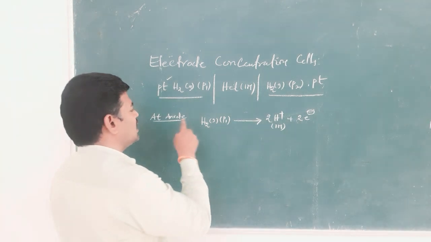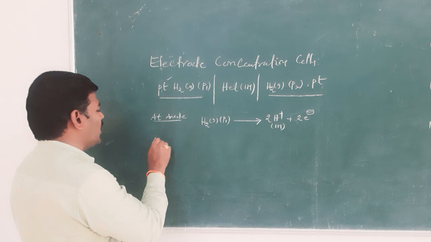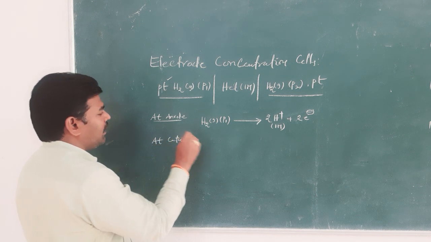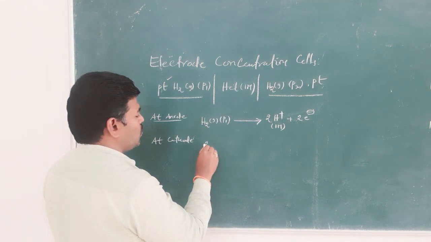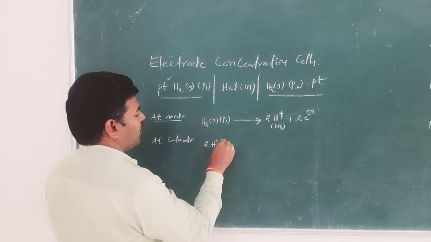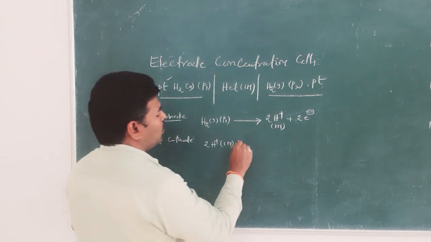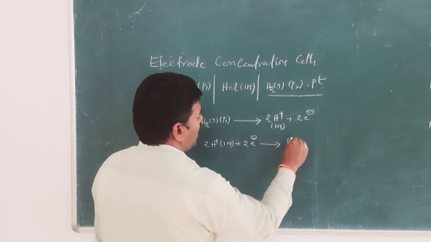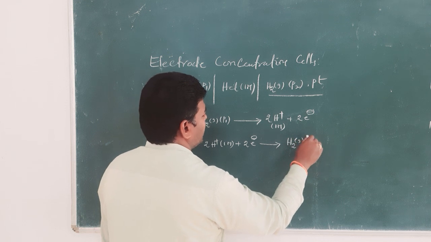At the cathode, reduction takes place: 2 H plus ions of 1 molar gain 2 electrons and give rise to H2 gas at pressure P2.